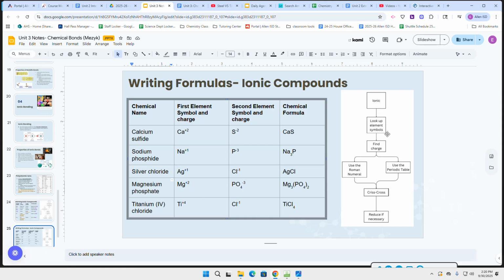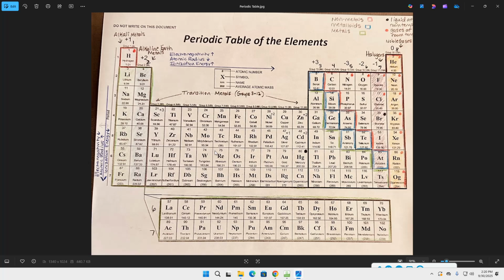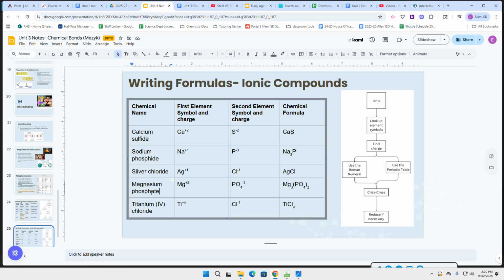It says to look up the symbols and then find their charge. Magnesium is in group 2. Here's magnesium, +2. Then I have to find phosphate. Now, phosphate is not the same as phosphorus, which changes to phosphide.